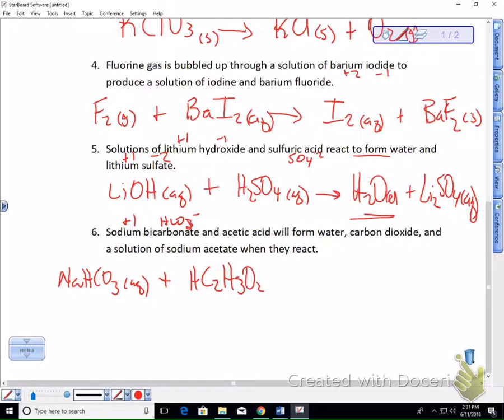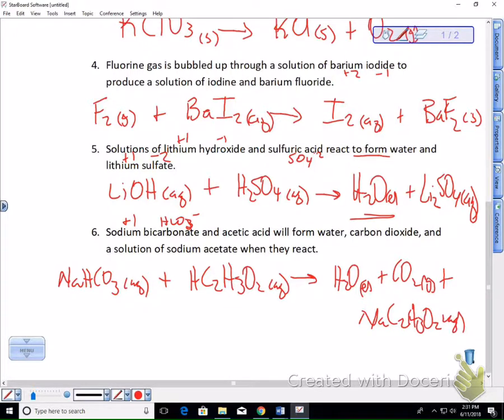Acetic comes from acetate, to form water, which is liquid, carbon dioxide, which is gas, and sodium acetate, NaC2H3O2. And there we have it.